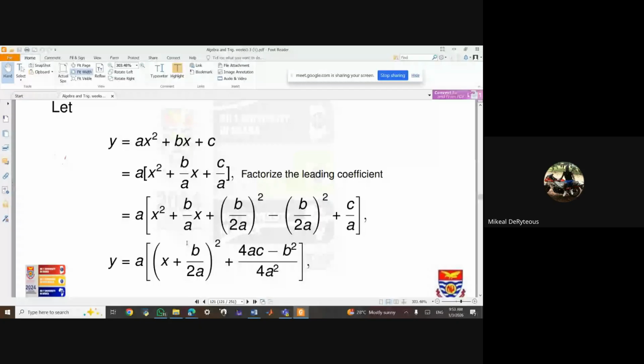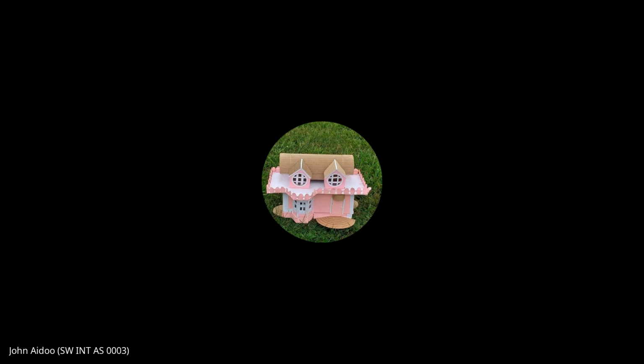Can you please shift and position yourself? It's your beautiful picture which is there. That's all right.